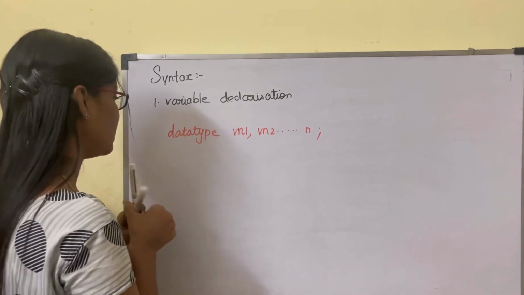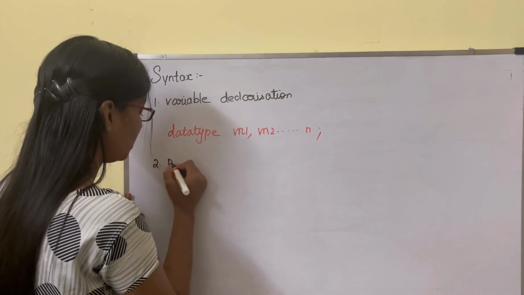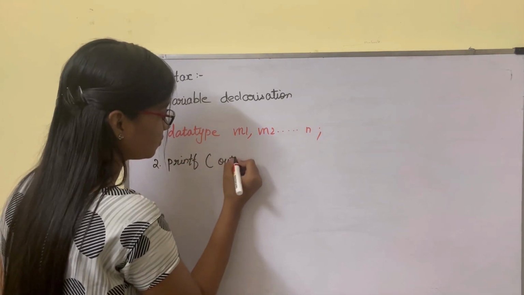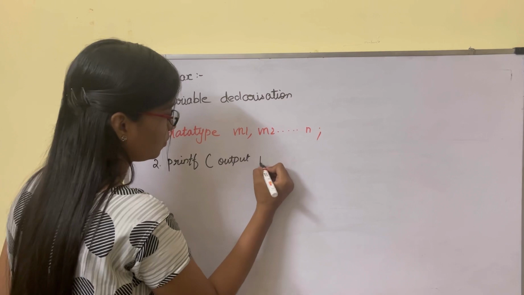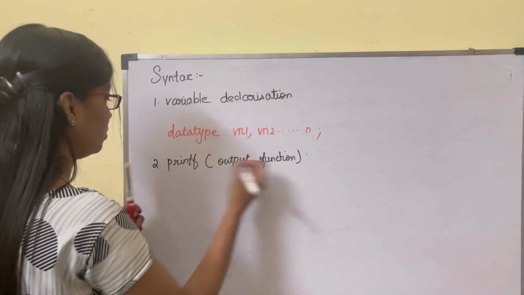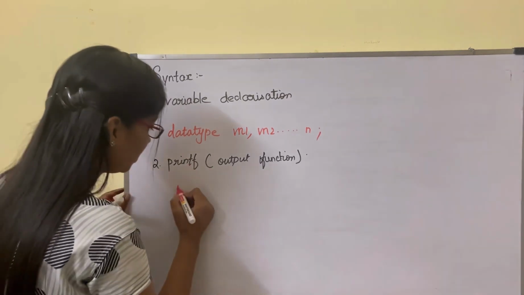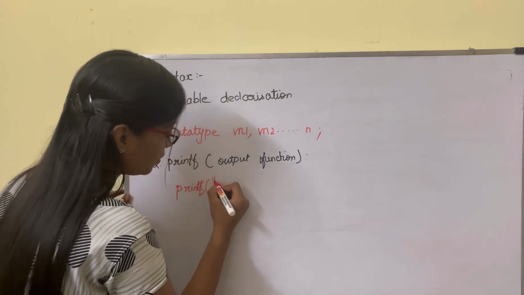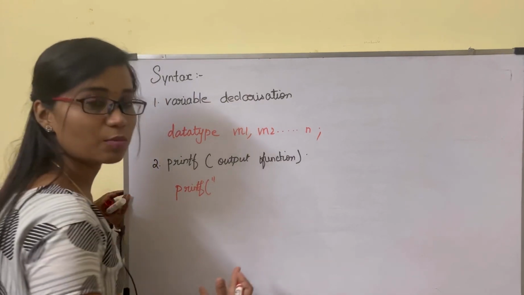Then for printf, printf is an output function, a standard output function. So what is the syntax for printf? I am going to give it as printf, open brace, double quotes, inside whatever I need I am going to give.